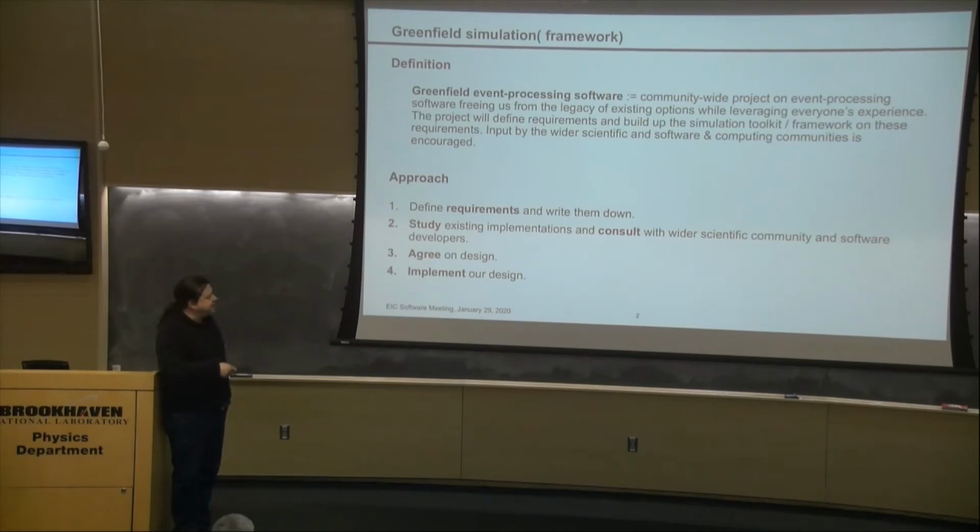For someone who is very skeptical, I would present it this way: what we do right now for the Yellow Report study is already coming up with some kind of prototype, or two prototypes, of this framework, and perhaps at the end it will be 3 or 4 prototypes of this framework.